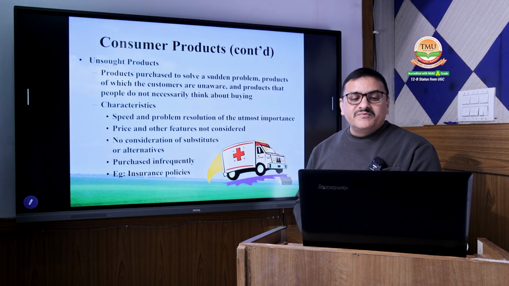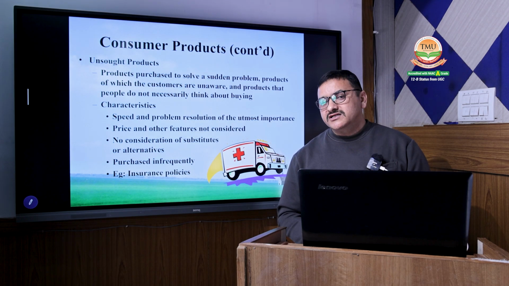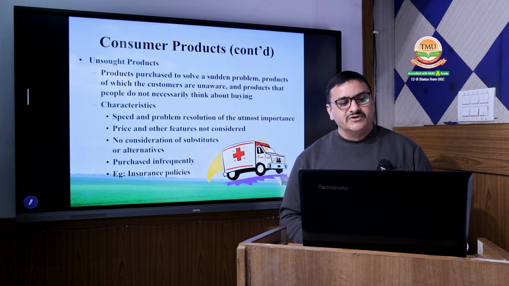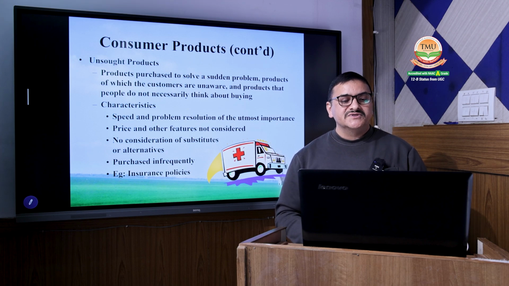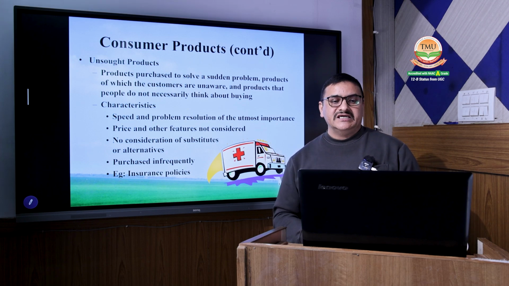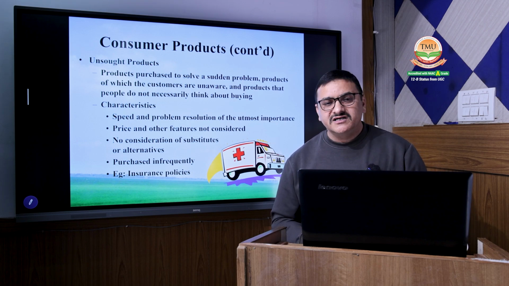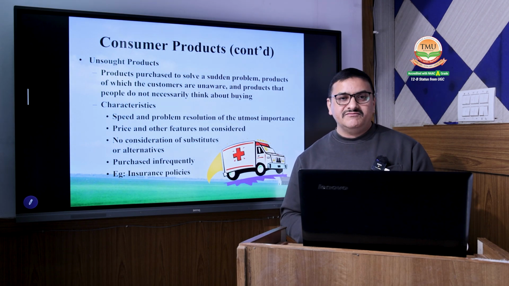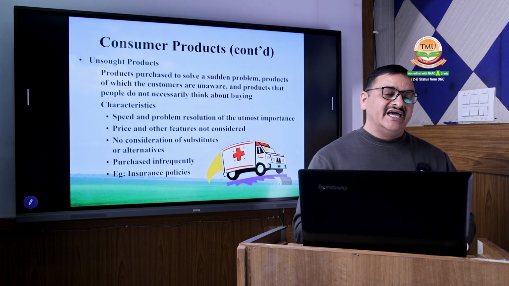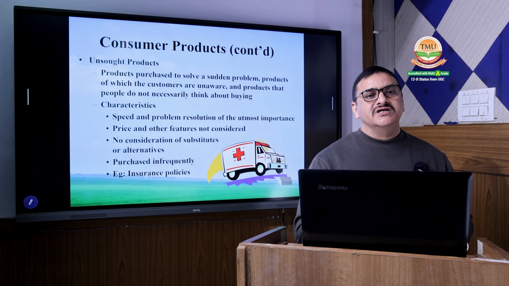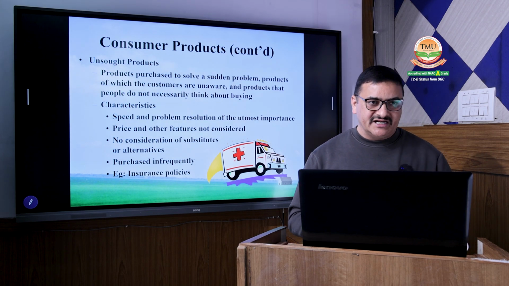Number two, the price and other features are not considered in the case of unsought products. Number three, there is no consideration of substitutes or alternatives in the case of unsought goods. It means if I have to purchase a tax-saving fixed deposit scheme, then I have to purchase it; there is no other alternative available in the market.